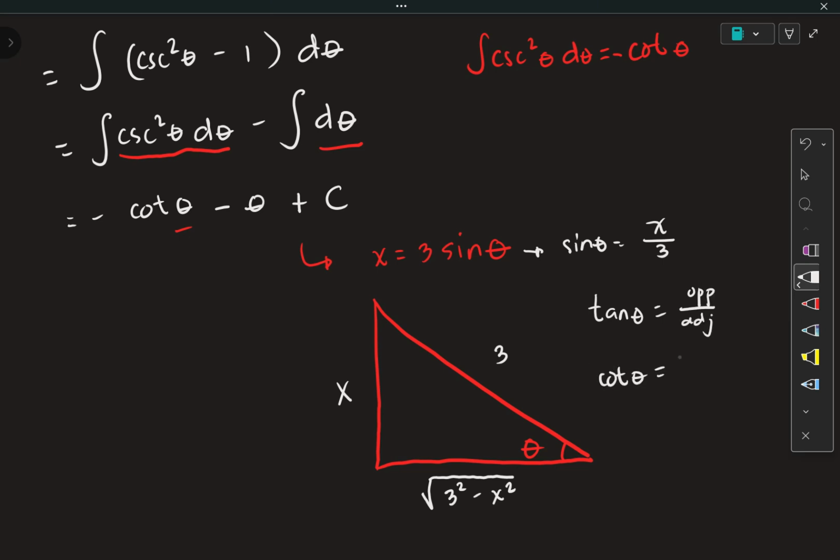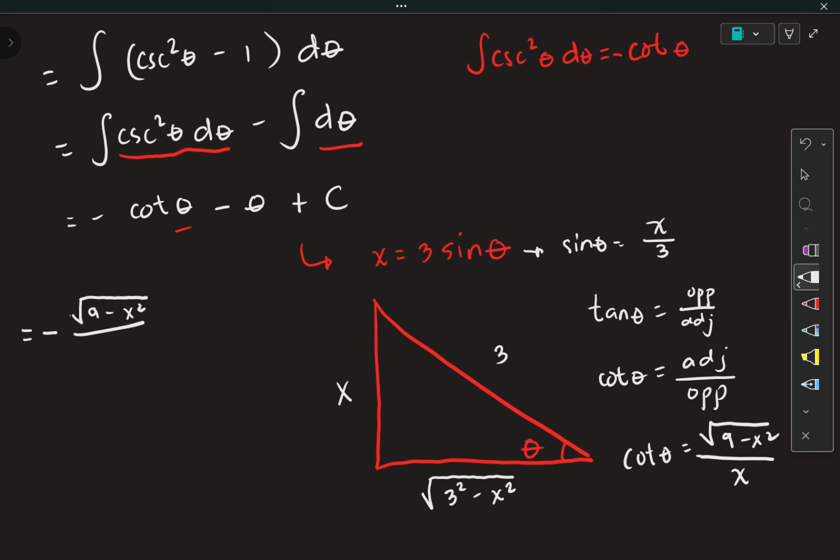Cotangent theta is the adjacent divided by the opposite, which is square root of 9 minus x squared over x.